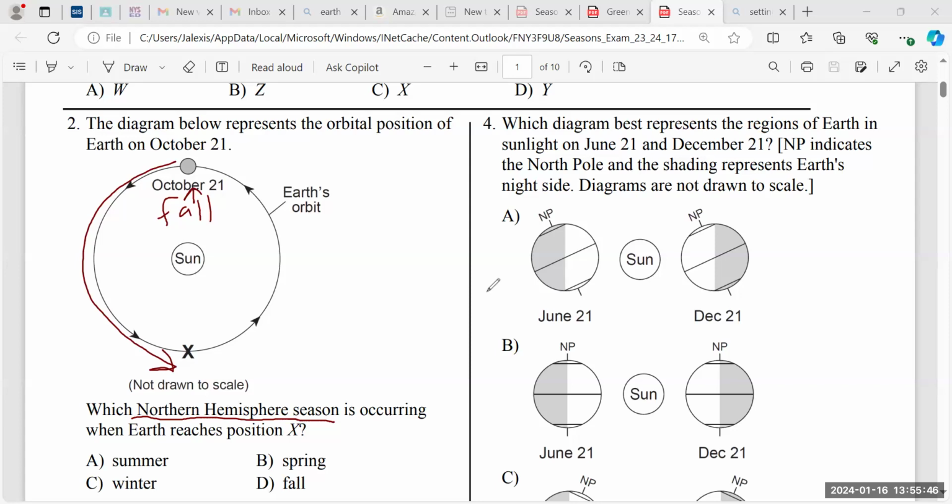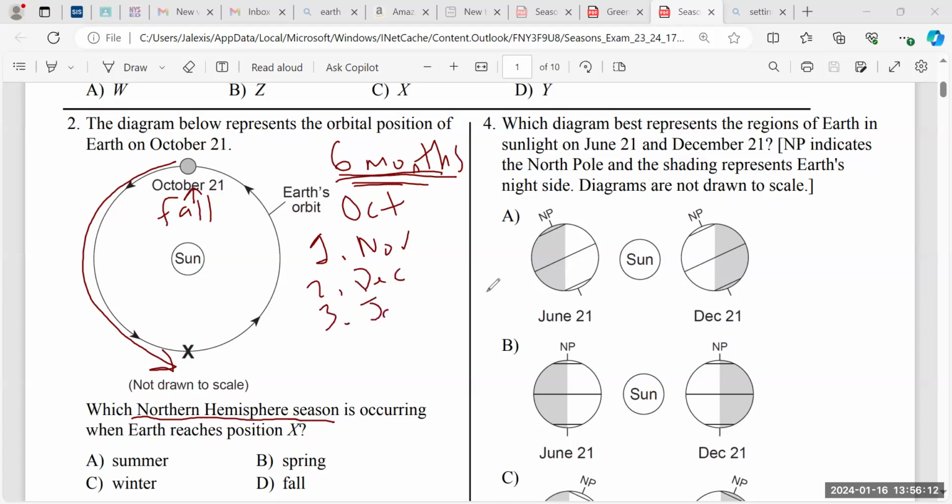How many months is half of the year? 6 months. All right. So I need to think to myself, position X is going to be 6 months from now. So if I start at October, then let's see 6 months from now. First month, November, second month, December, third month, January, fourth month, February, fifth month, March, sixth month, April.